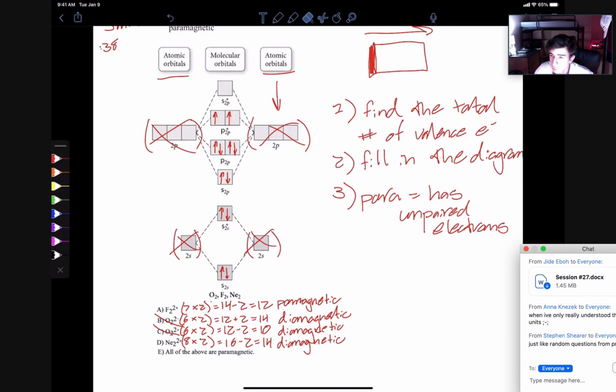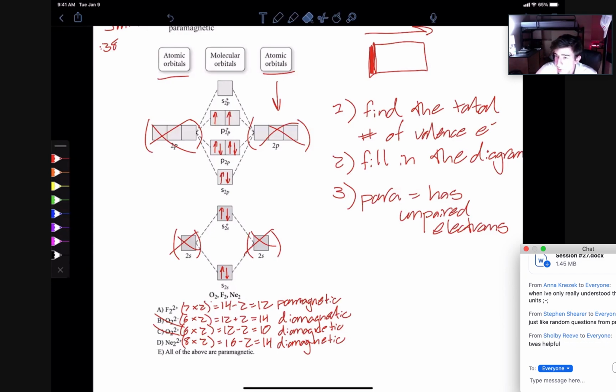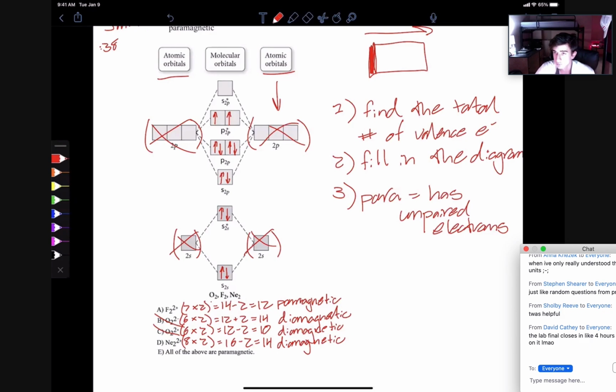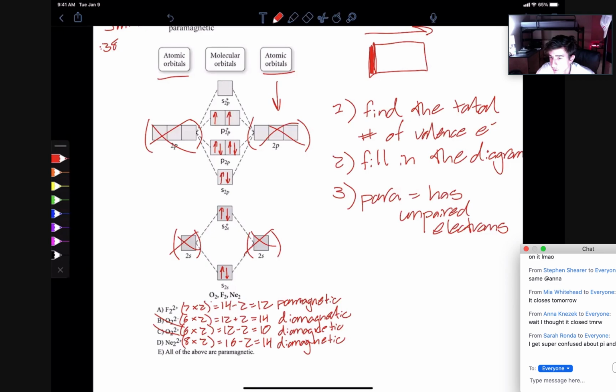Someone asked, will we get any questions about bond orders? That's possible, and I'm pretty sure there is a question at the very end of this session about bond orders. We'll talk about bond orders when we get there, but it's really just a formula.